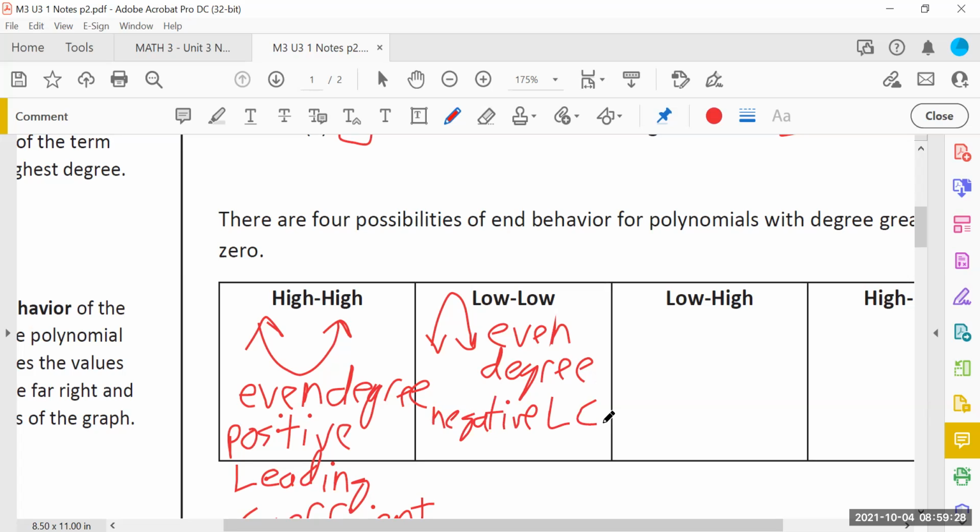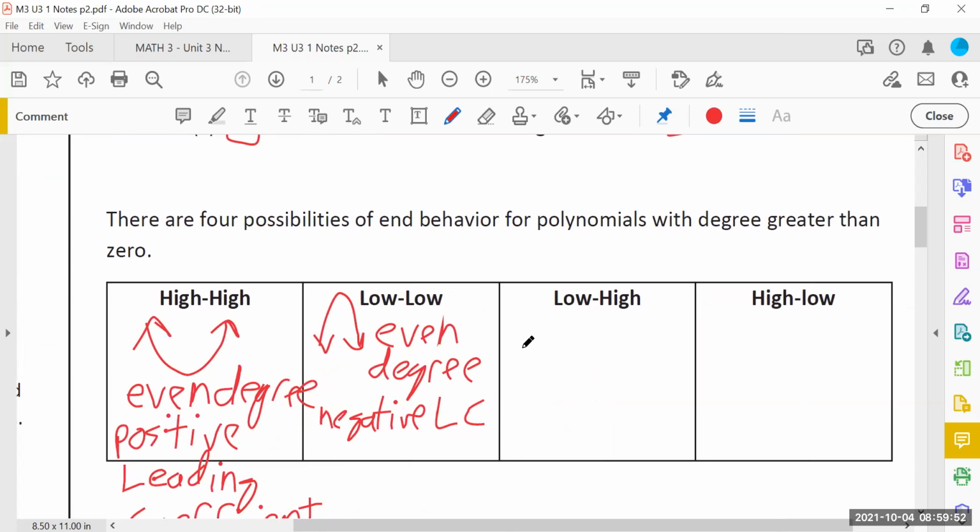A negative x squared graph has low, low end behavior. The trick is, those are things that we already know, but we're going to be able to use the same stuff for more complicated ones. So, for example, if I have negative x to the 4th, it's going to be the same end behavior as negative x squared. Okay, they're both going to be low, low.